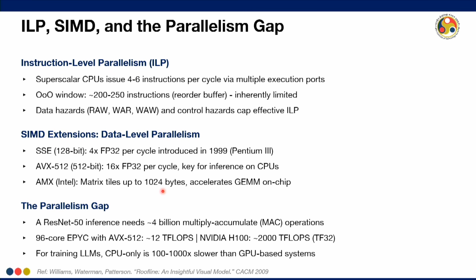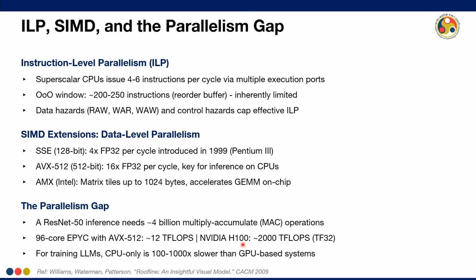For example, a 96 core EPYC processor with the AVX 512 extension that we saw here will give you a maximum of around 12 teraflops of peak performance, whereas the NVIDIA H100, the Hopper architecture and state of the art NVIDIA architecture, gives around 2000 teraflops operating on TF32.